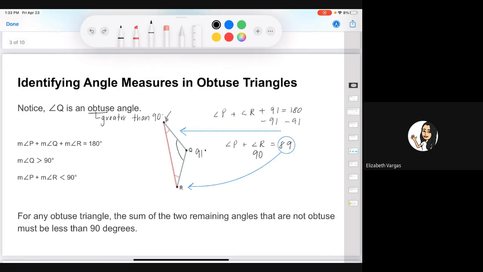So basically what this is saying is that an obtuse triangle will have 1 obtuse angle and 2 acute angles, because none of those angles can be right or obtuse, since all the inside angles have to equal 180 degrees. Any questions about this?